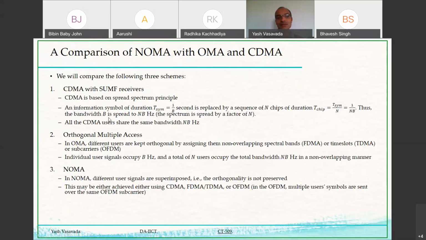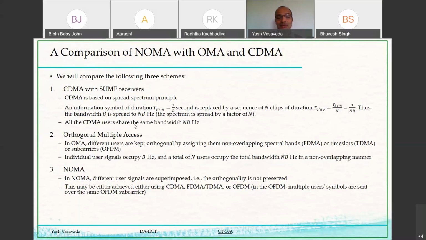And so that is what you see. In 2G systems, it was either OMA, GSM uses OMA. It uses combination of FDMA and TDMA. The 2G system, which was pioneered by Qualcomm, which is called IS-95, uses CDMA, and CDMA specifically with SUMF receivers. So 2G was based on 1 and 2.